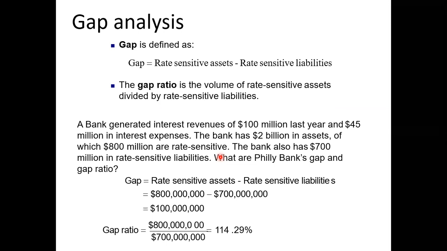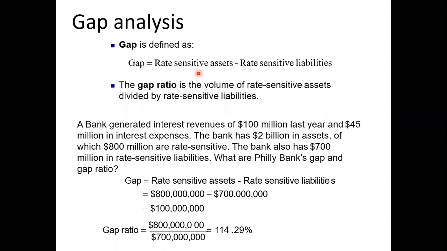So the gap is defined as rate sensitive assets. A rate sensitive asset is, for example, a loan, especially a short-term loan. With a long-term loan, normally the interest rate is fixed.